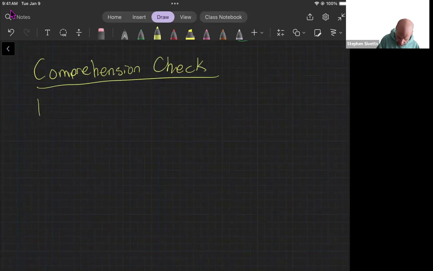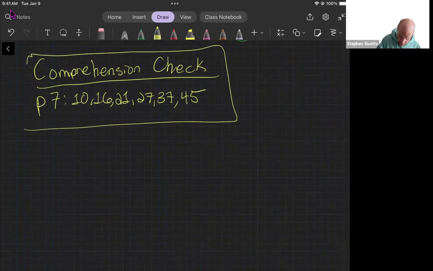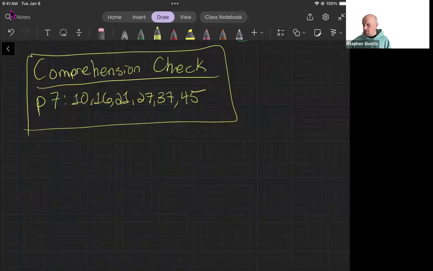So page 7 in the textbook, problems 10, 16, 21, 27, 37, and 45. Okay. So check out those problems and work on them for comprehension. If you have questions, please let me know in the comments.